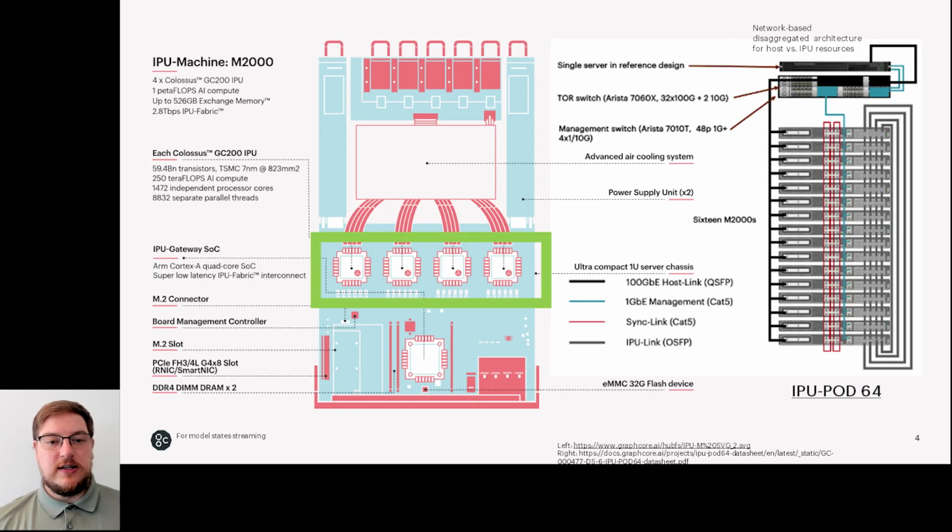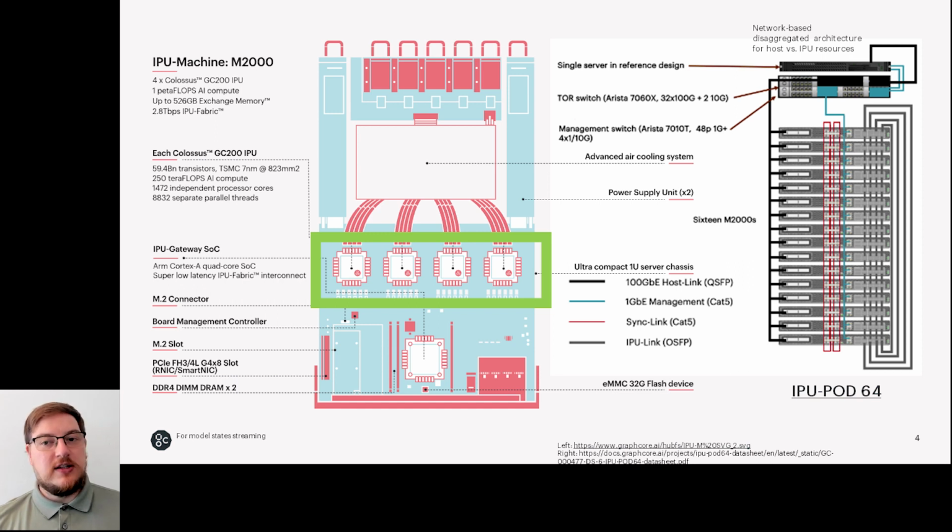As you can see in the left figure, 4 IPUs are combined in the IPU machine M2000. The IPU machine also comes with a slot for DDR4 DRAM. 16 M2000s get combined in a POD64. The POD64 is a network-based disaggregated architecture for host versus IPU resources.